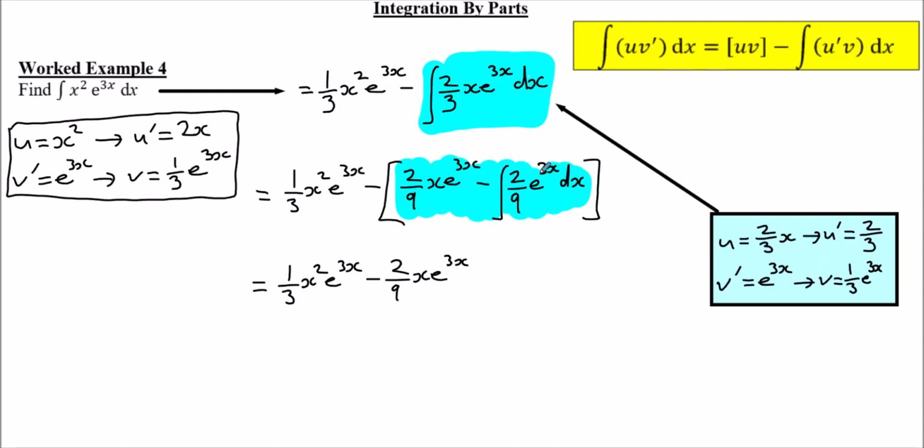And if we integrate e to the 3x, of course that 3 is going to come down and end up dividing by 3. So we're going to have minus minus plus 2/9 times 1/3, or 2/9 divided by 3. We're going to get 2/27. Positive 2/27 e to the 3x, all plus c.